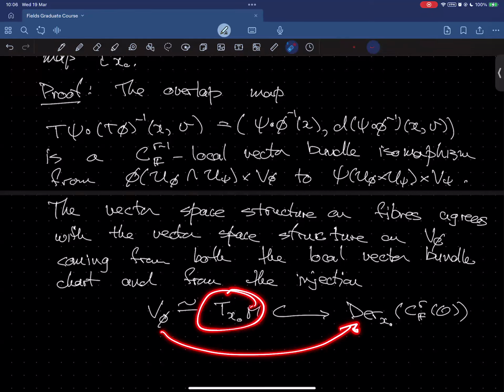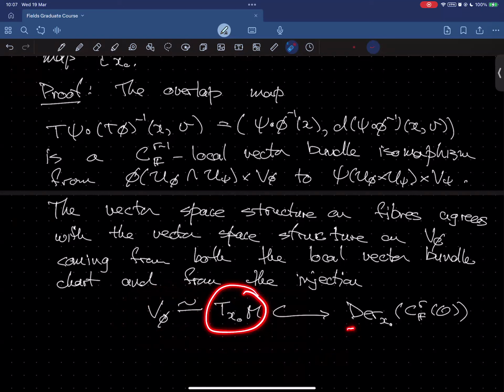And therefore, because this map is in bijective correspondence with this one, and the bijective correspondence I used between these two sets is exactly the same correspondence as comes from the local vector bundle charts, this shows that the vector space structure on here is the same as the vector space structure on here, inherited by that linear map.